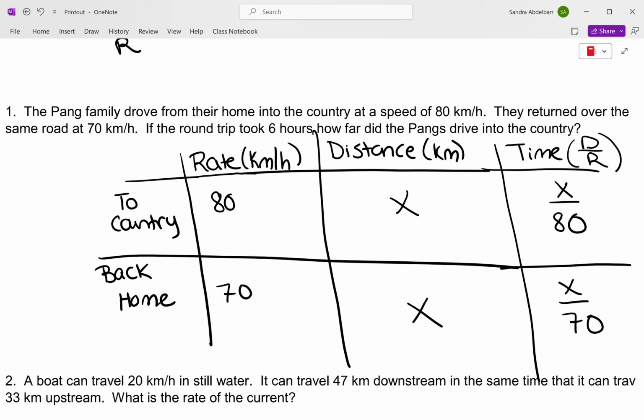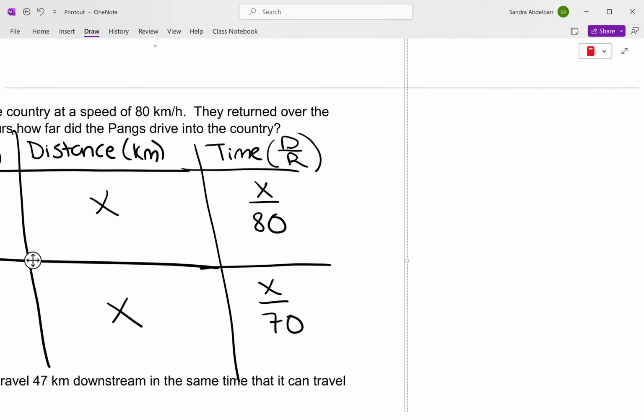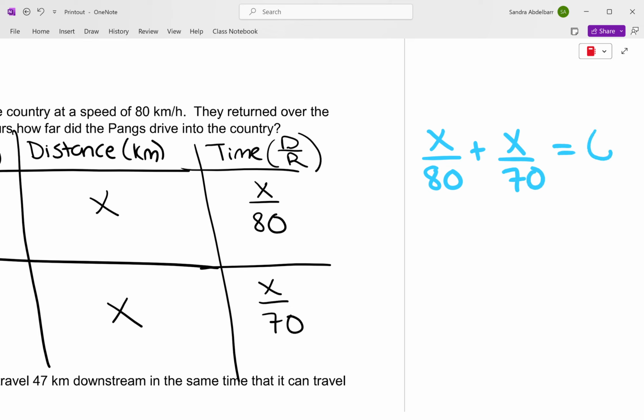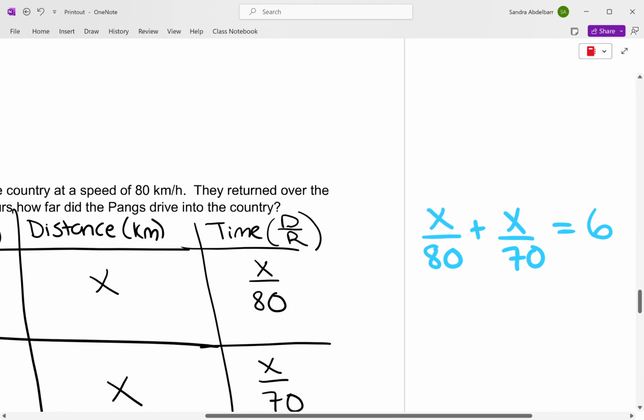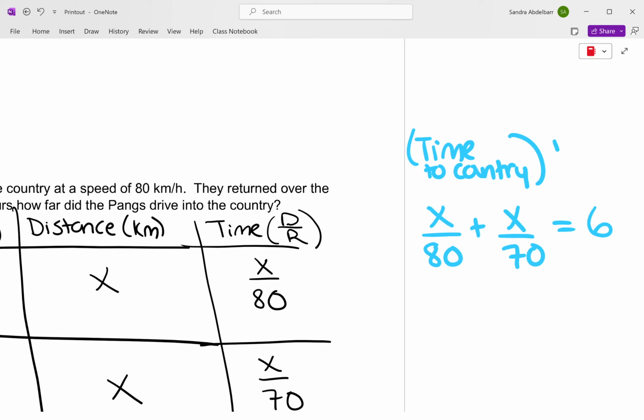The time back home will be x over 70. But what do we know about the time? The time there and the time back will equal how many hours? 6. So now my equation is going to be x over 80 plus x over 70 equals 6.